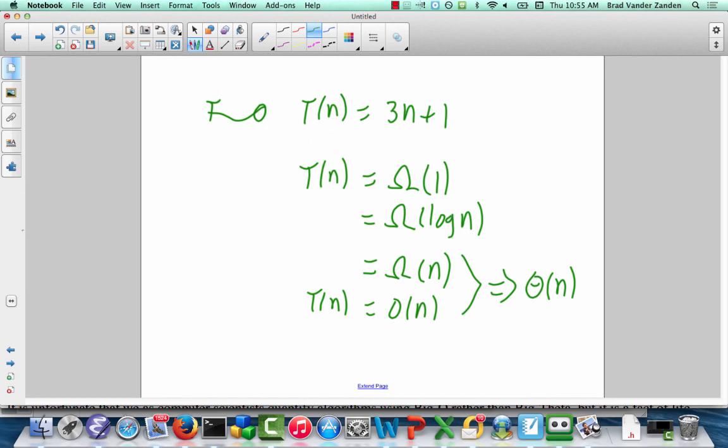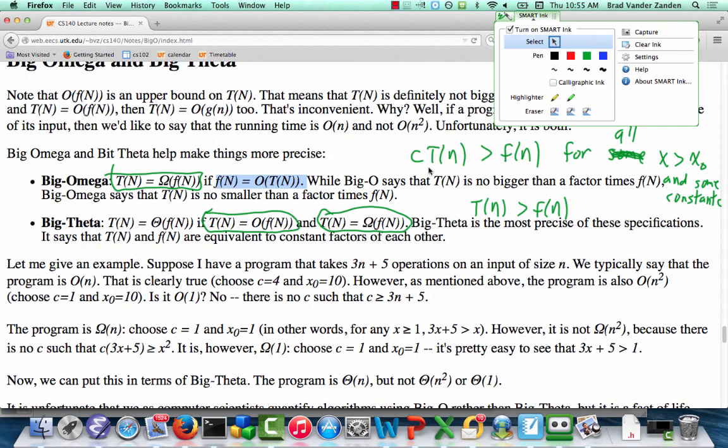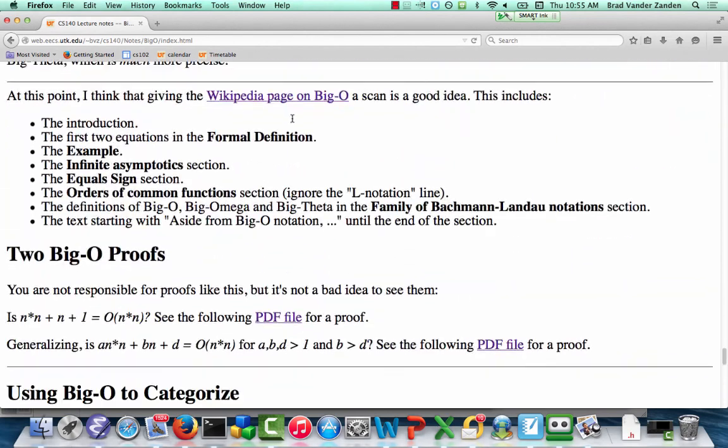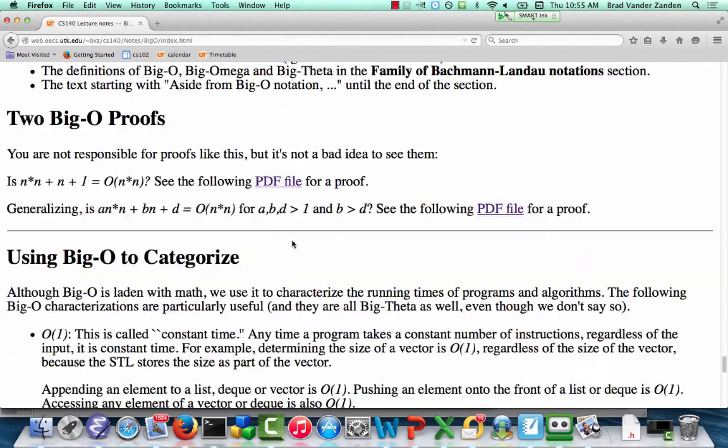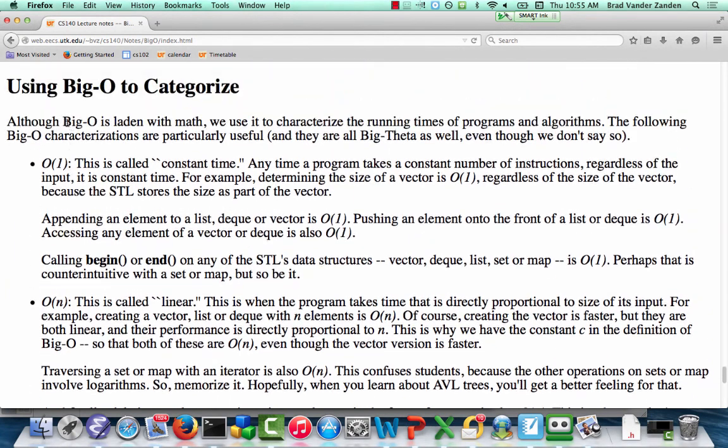So on the exam, let me just go through the rest of his notes so you don't get too concerned. Sure, look at his big O stuff, but this is what I consider important when you're studying for the exam. Make sure you look through using big O to categorize.